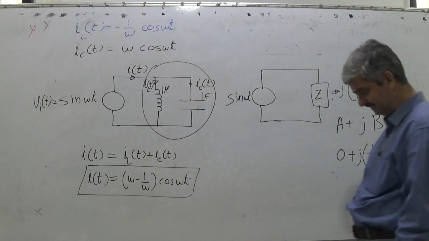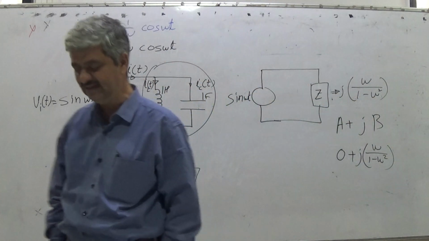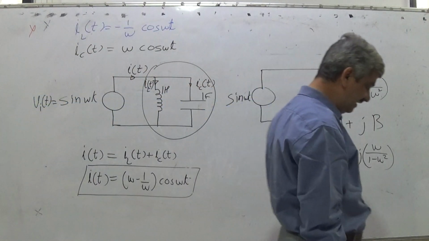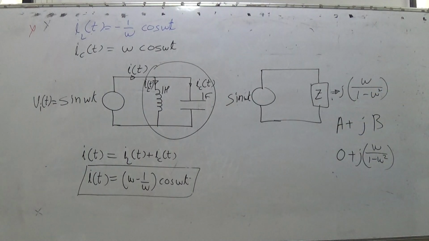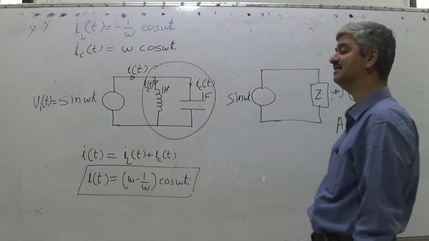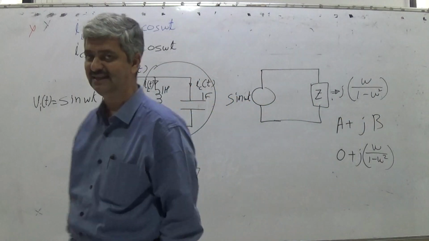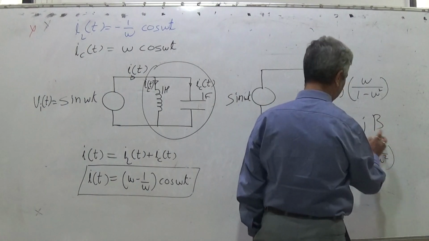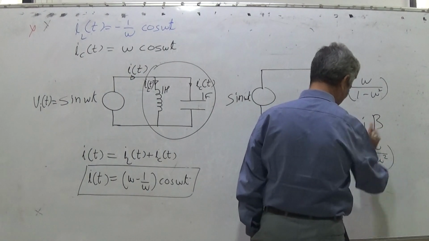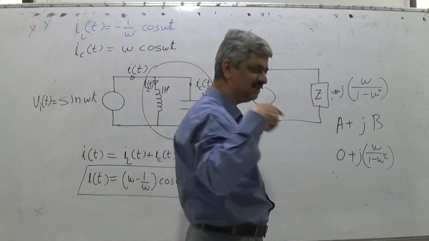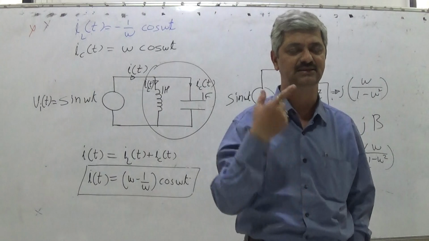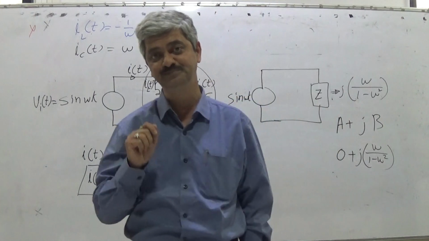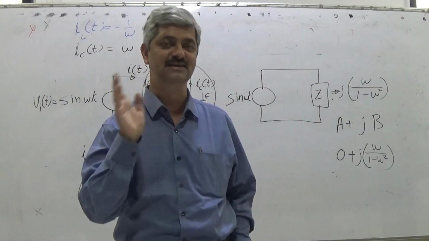J into something positive is the reactance of an inductor, J omega L. J into something negative is like the reactance of a capacitor, because it is minus J upon omega C. So for omega less than 1, this B in JB is positive. The parallel combination of inductor and capacitor behaves like an inductor in case of omega less than 1.